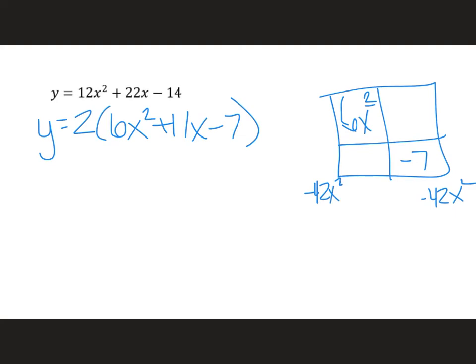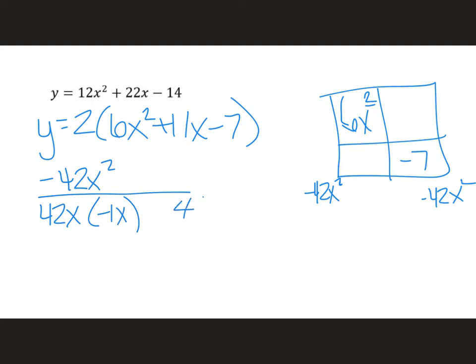So what are the factors of negative 42x squared that will combine together as like terms to create a positive 11x? That means that the larger factor should be positive so that combining becomes a positive. So let me think of some factors of negative 42x squared. We could have 42x and negative 1x. That's a combination of 41x, so too large.